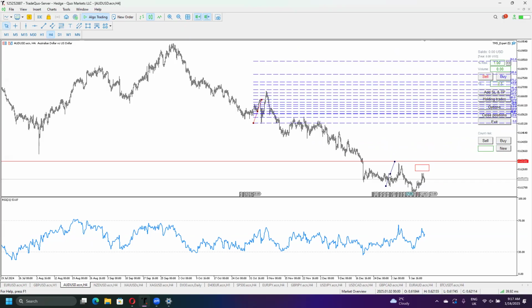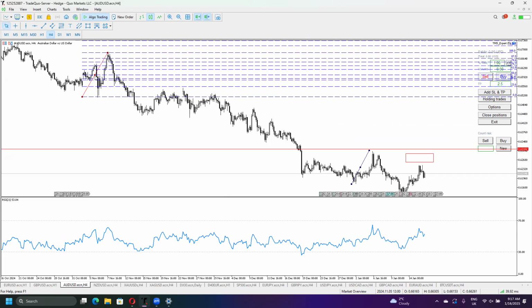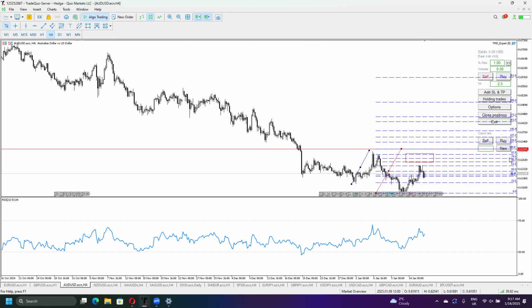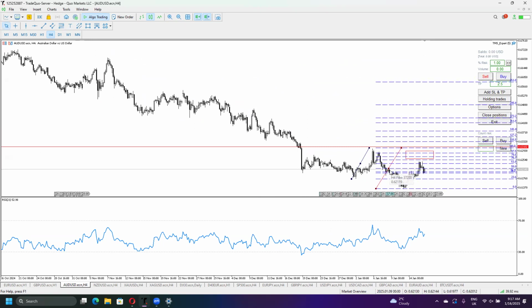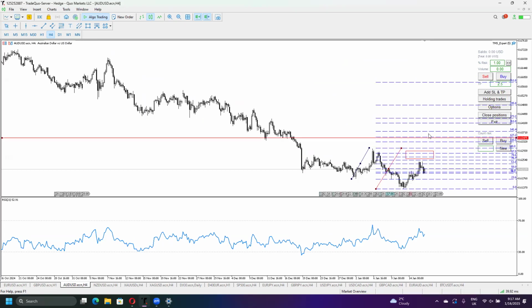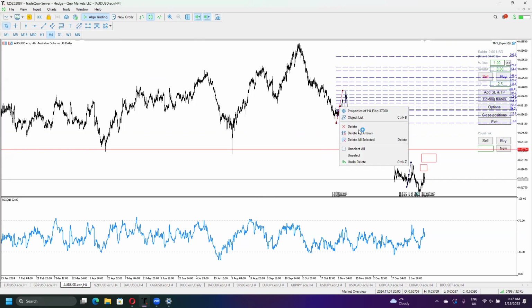The second biggest correction. And as you can see, the overbalance of the first one is already the one-to-one zone with the second one. And this is the biggest one.